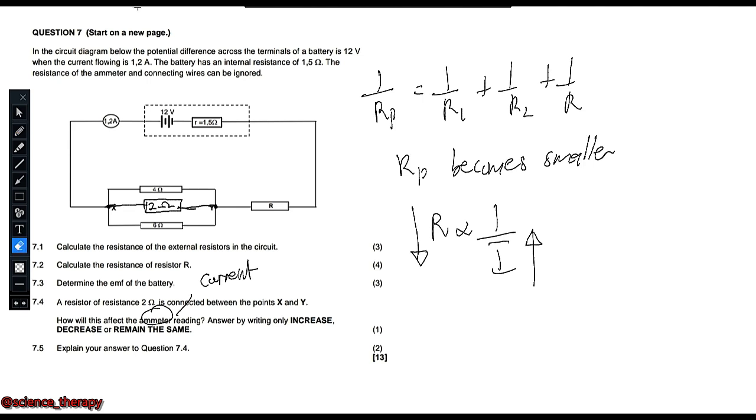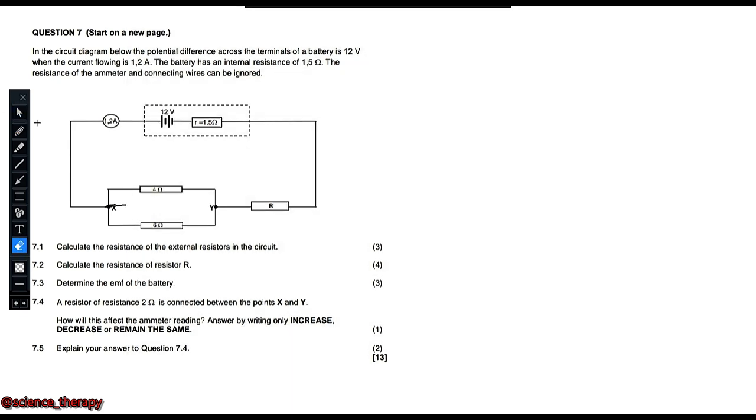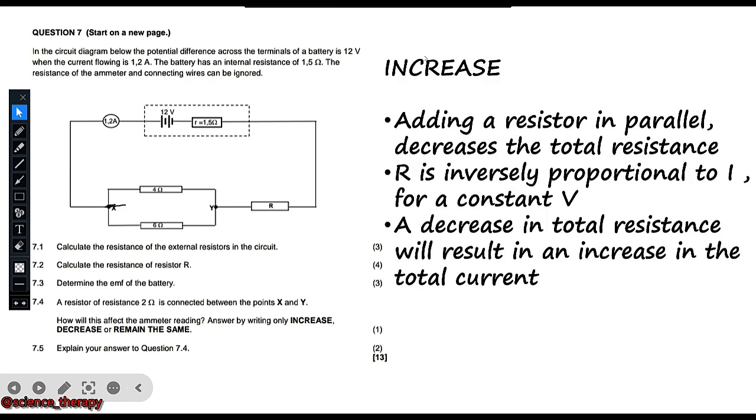So how do we explain this? Let's put it in point form and see how best we could have explained that. The solution is supposed to say increase, the current will increase. Then the explanation is that adding a resistor in parallel decreases the total resistance.